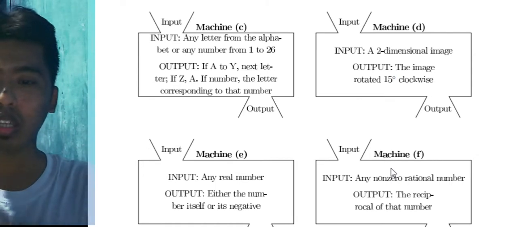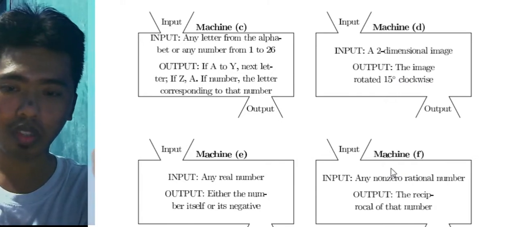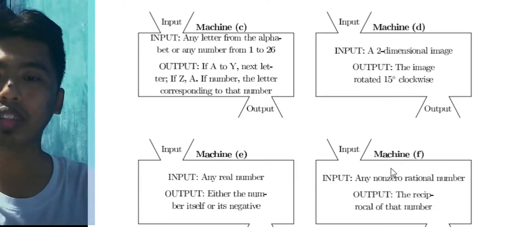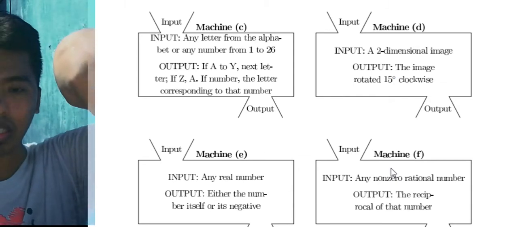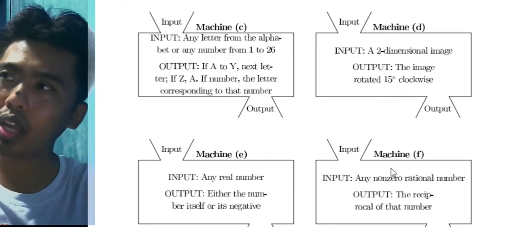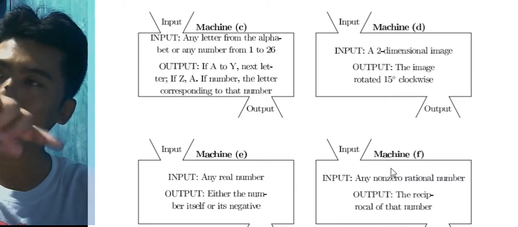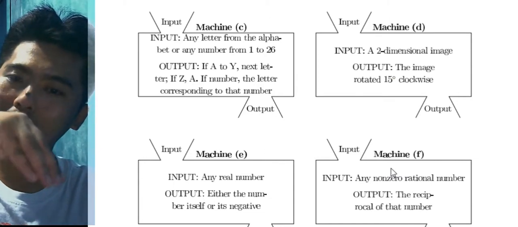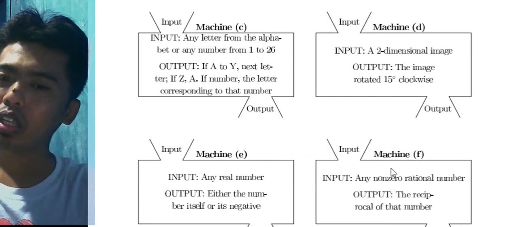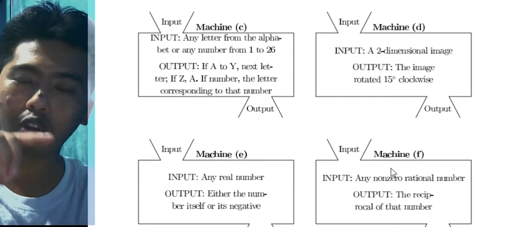So the number 2 is connected to letter B. And letter A on the input side, the output of that is letter B. So A input is connected to B output, and number 2 input is connected to B output.